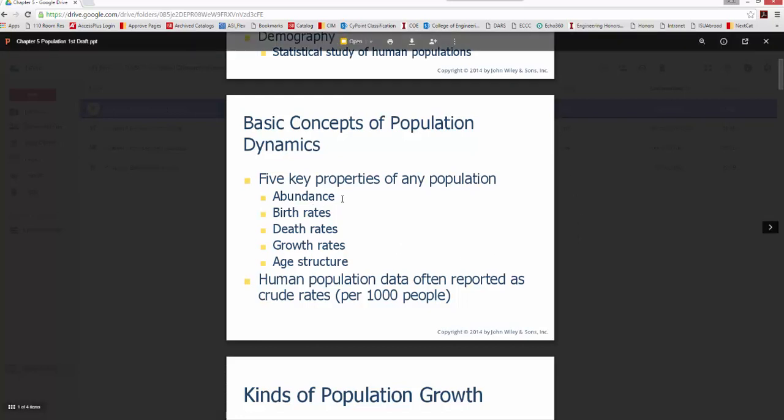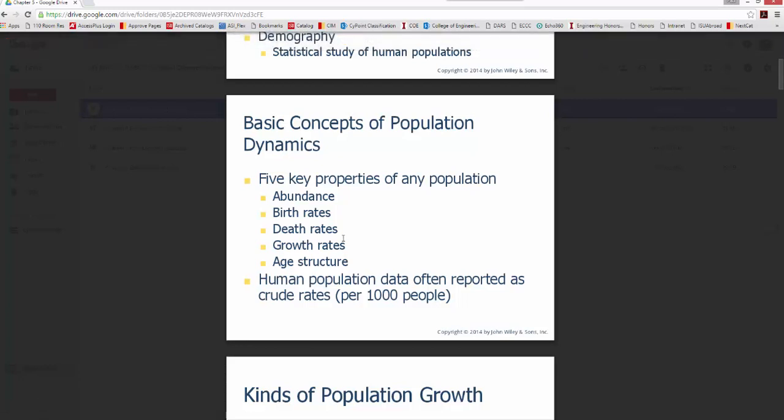And when we talk about this terminology, we're going to talk about it in terms of per 1,000 people. That's how these are often reported. So when you hear about birth rates or death rates of nations, they're talking about every 1,000 people. So you might hear something about a birth rate increase of 60 per 1,000 people.